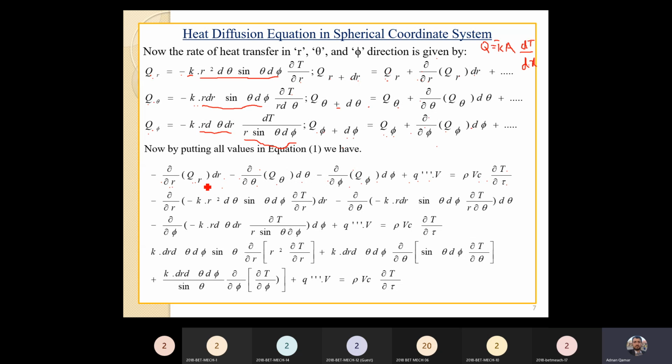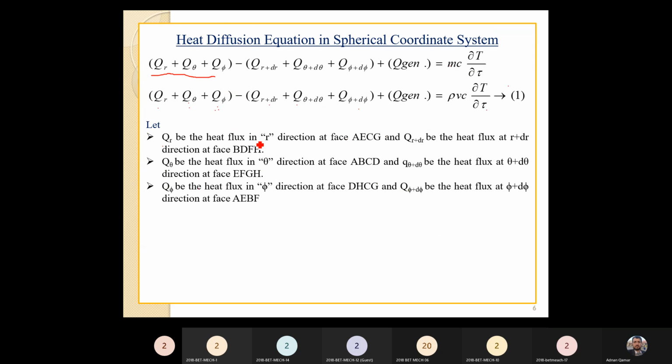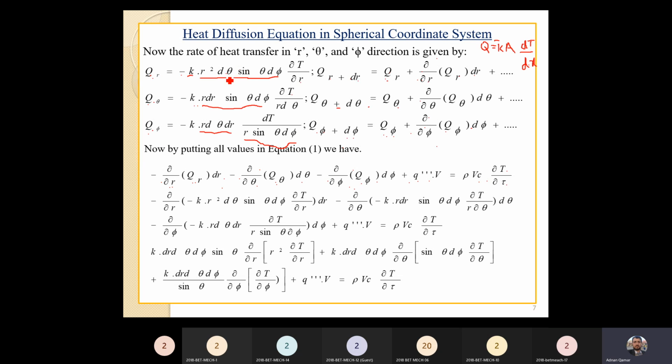Now put the values of qr, q theta and q phi that are given to you here.